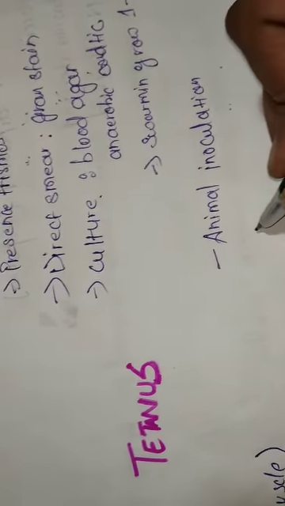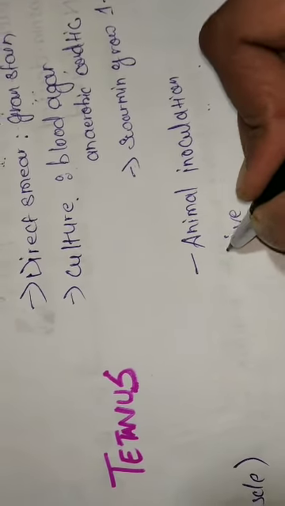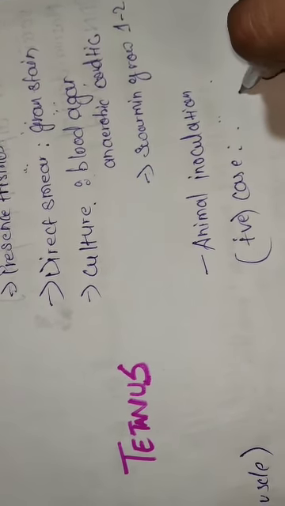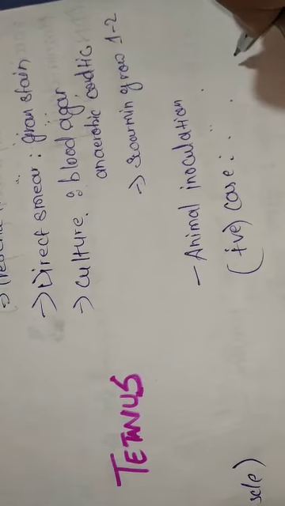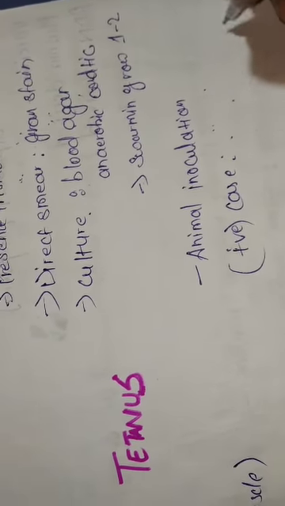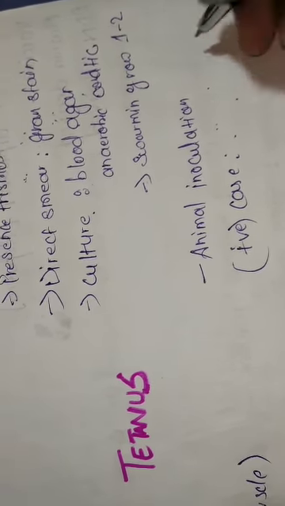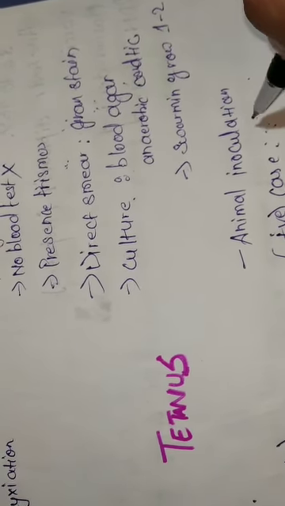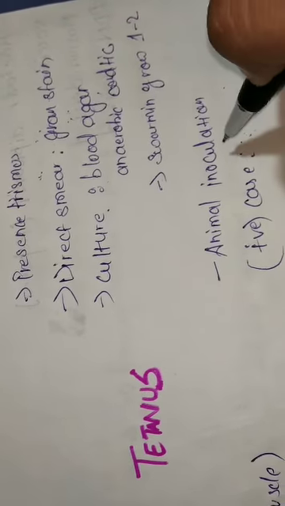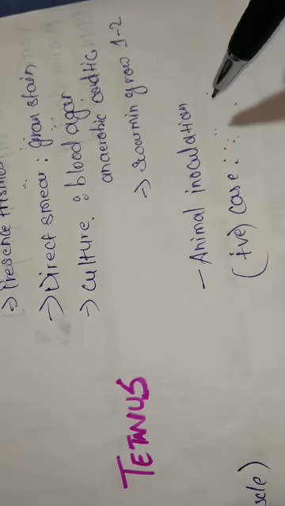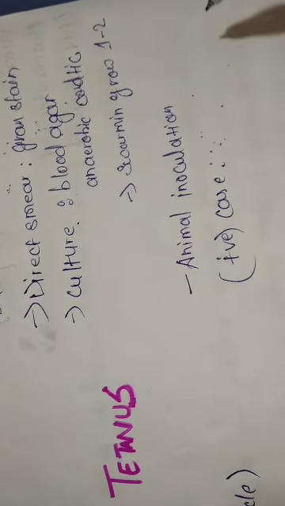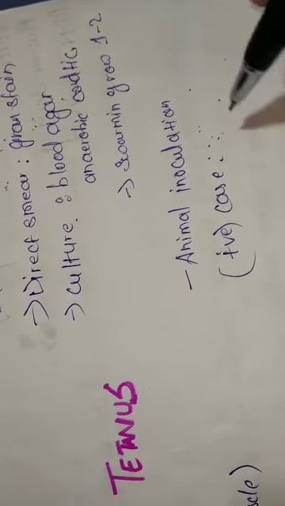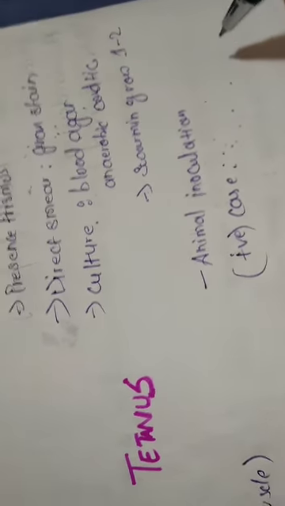In a positive case, the animal will show stiffness and spasm of the tail of the inoculated hind limb within 12 to 24 hours, which will spread to the rest of the body, and death may occur in 1 to 2 days.